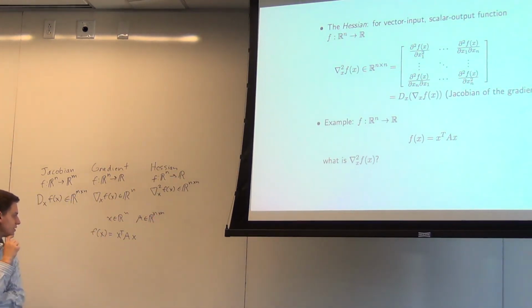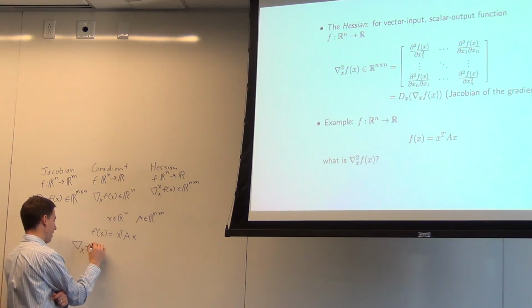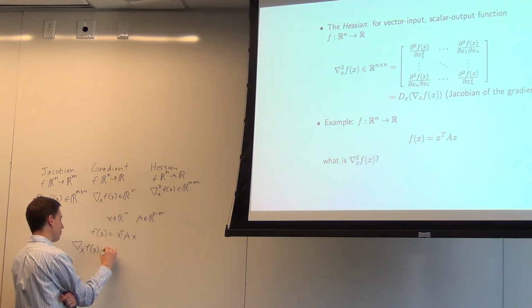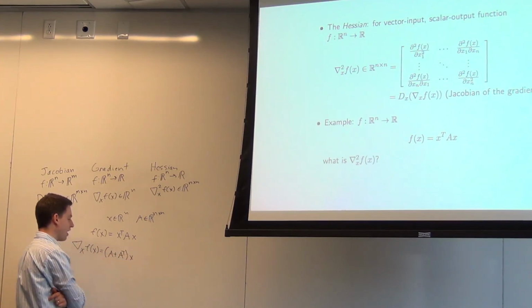So what is this Hessian? And in fact, I'll even let you use a rule from the last slide and say that the gradient, I'll just write it again here, the gradient with respect to x of f of x is equal to A plus A transpose times x.